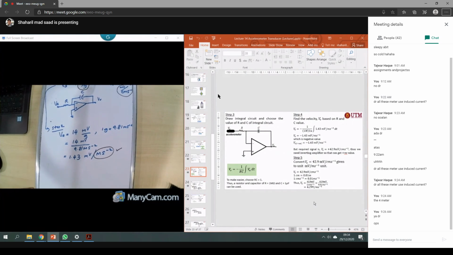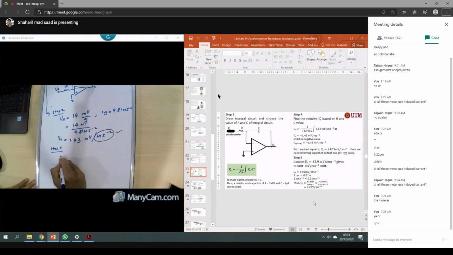Now from this VA here, we want to get the velocity here. As we know, I put it as step 4. If we refer to the slide, VV is equal to minus 1 over RC integral of VA dt.